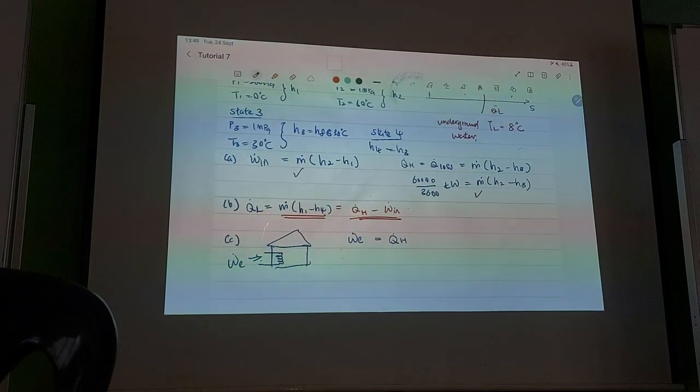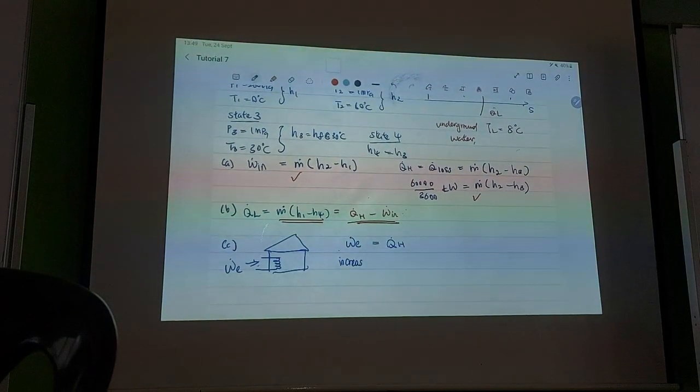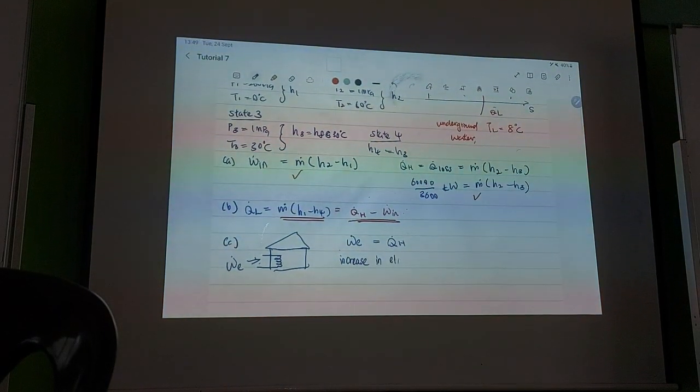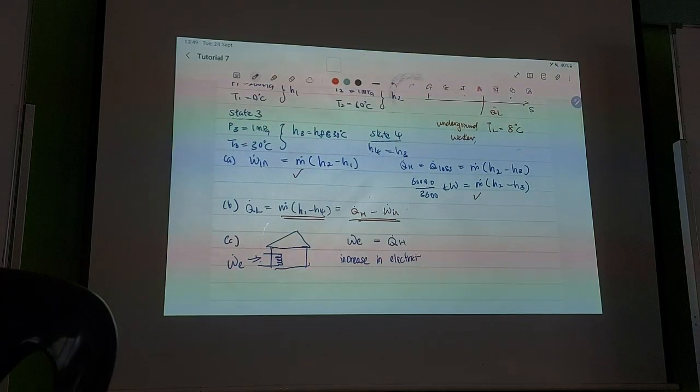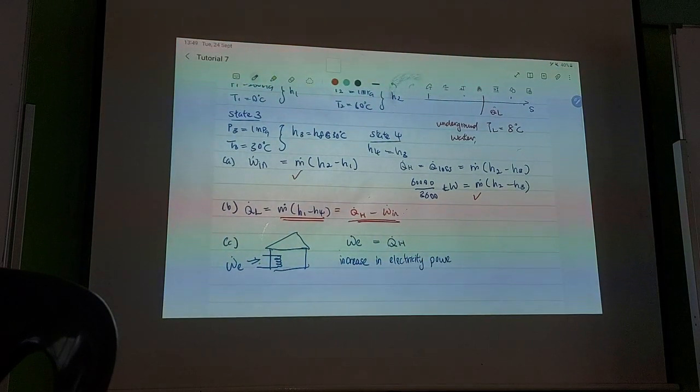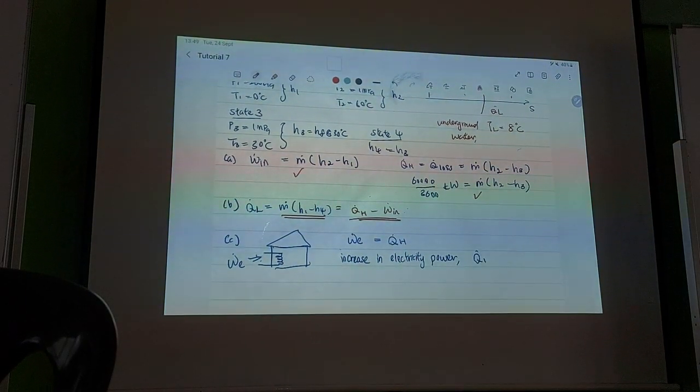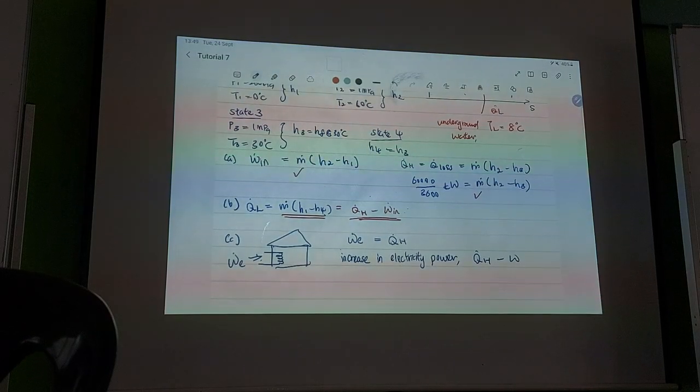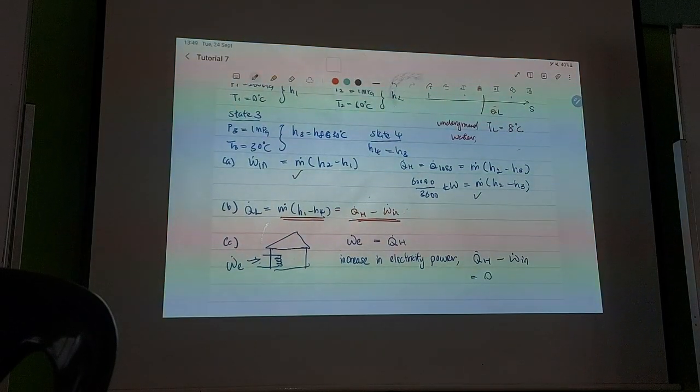The question asks for the increase in electricity power. Actually very straightforward. It's just QH minus work in, which is actually QL.